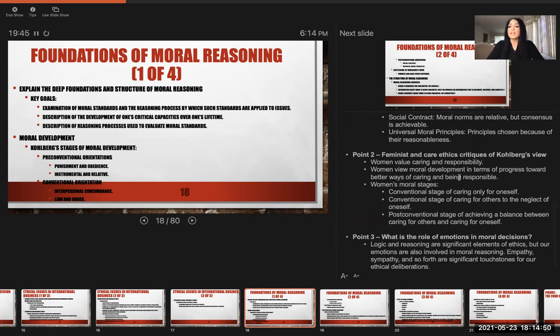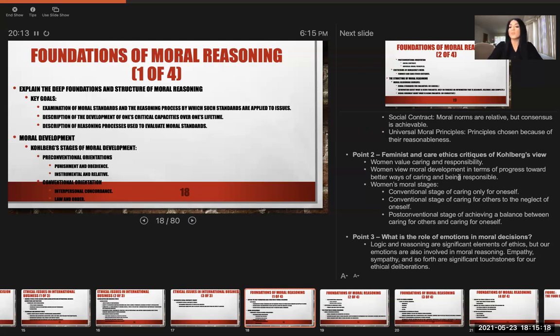Now, feminists and care ethics, critics of Kohlberg's view. Women value caring and responsibility. Women view moral development in terms of progress toward better ways of caring and being responsible. Women's moral stages consist of the conventional stage of caring only for oneself, the conventional stage of caring for others to the neglect of oneself, and the post-conventional stage of achieving a balance between caring for others and caring for oneself as well.